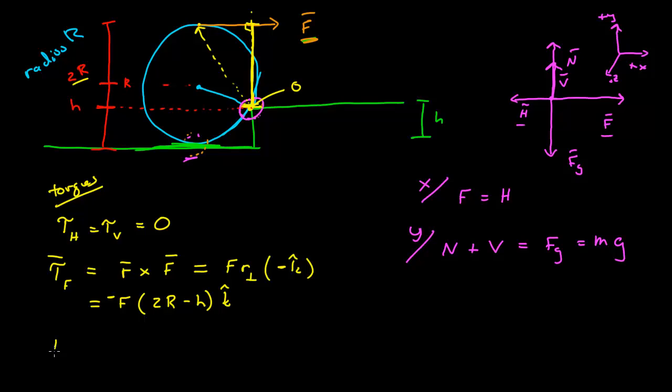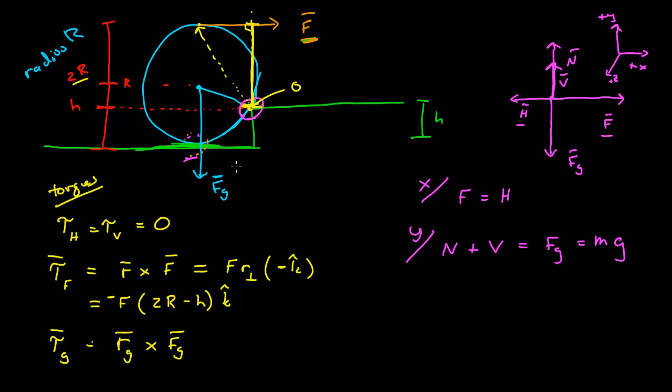All right. So now I need the torque due to gravity. So that's this r vector to the place where gravity acts, times the force due to gravity. Now, again, gravity acts at the center of mass.